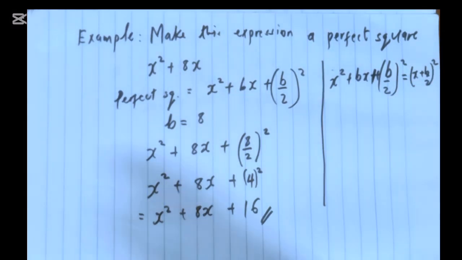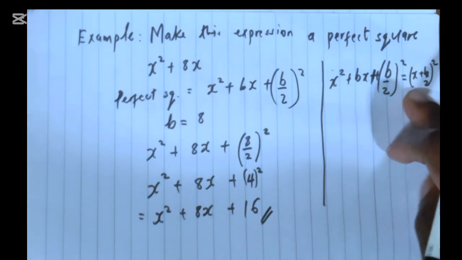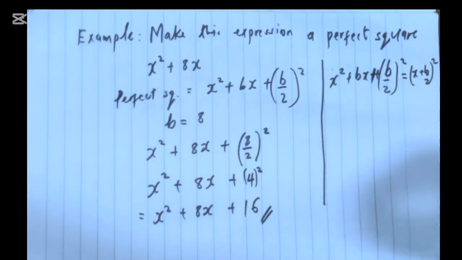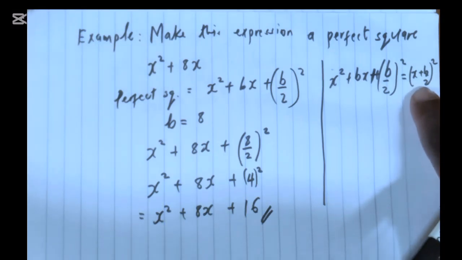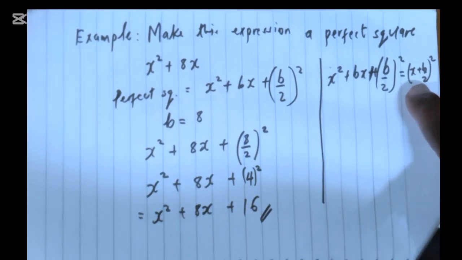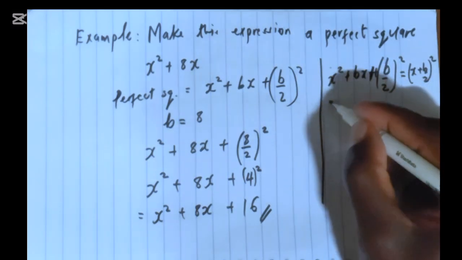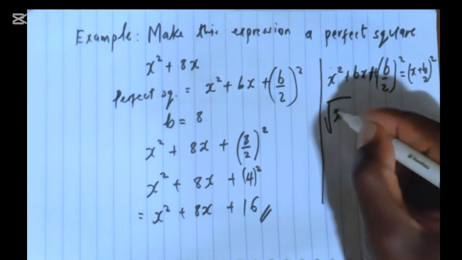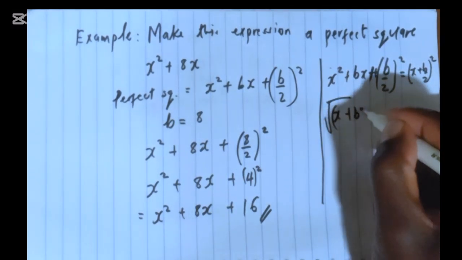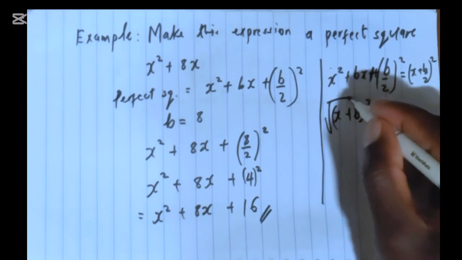So that is how we'd rewrite it using x. That tells us that if we are to find the square root, it would be the square root of x plus b squared.